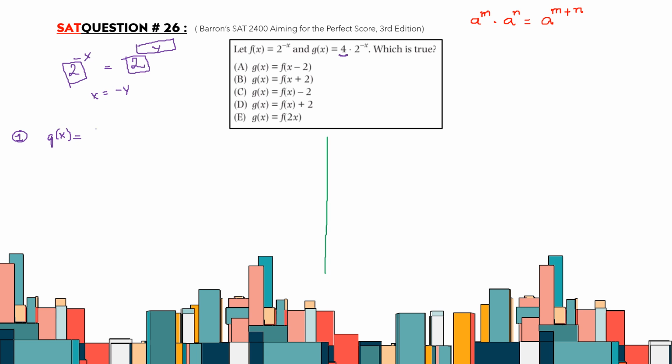So 4 times 2 to the power of negative x. 4 is 2 squared, we always remember that 2 squared equals 4. Multiplied by 2 to the power of negative x, and now we apply our formula. So we have 2 to the power of 2 minus x.